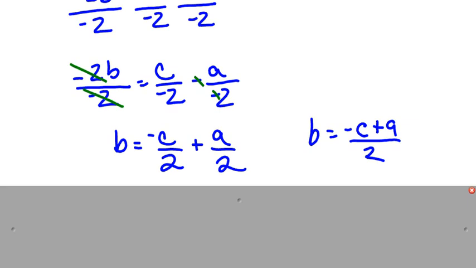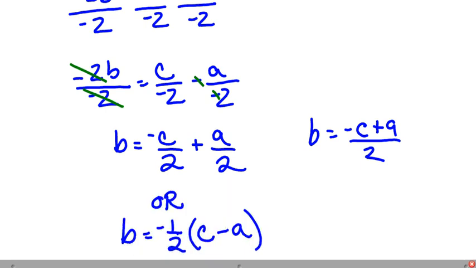Now some of you may say, wait a second, there's another equivalent format for a result. If both of them are being divided by 2, that's like multiplying by 1/2. So couldn't we write it as B equals negative 1/2 times C minus A? Sure, that's another equivalent format.